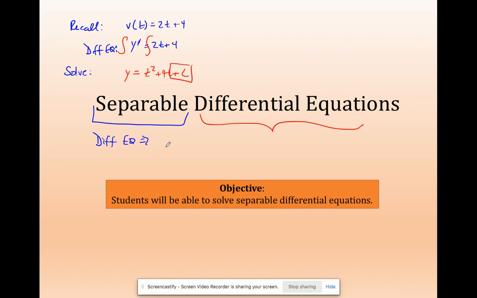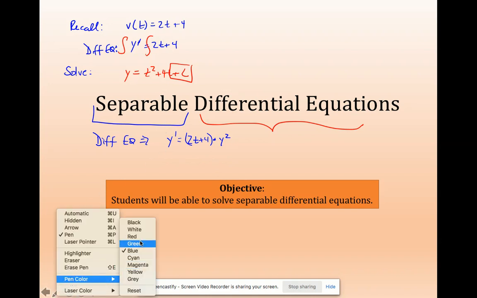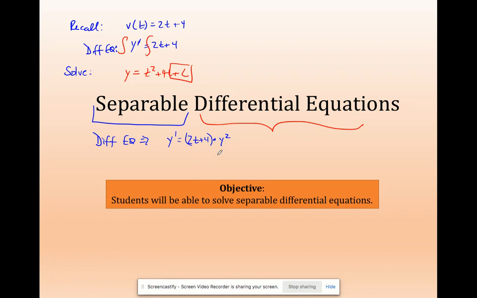Your differential equation is going to have derivatives in it, but over here, you're not just going to have t stuff. You're going to have something like 2t plus 4 times y squared. So a separable differential equation is one in which you can look at the right-hand side as a product of the independent variable and the dependent variable.